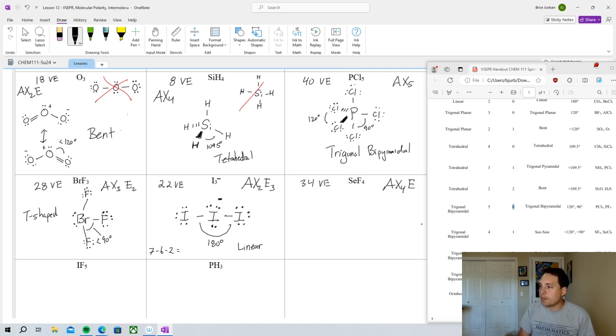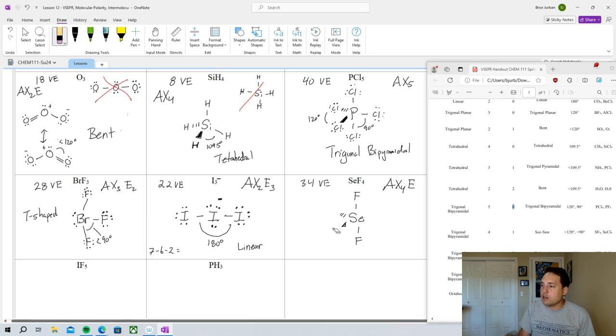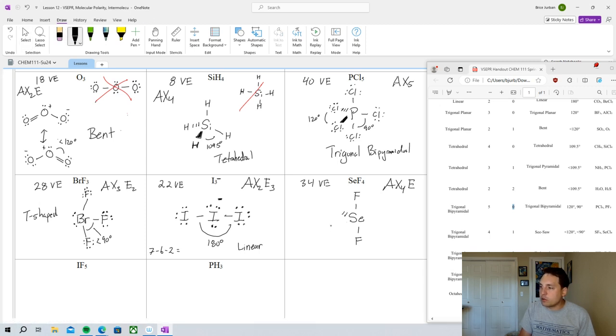AX4E is seesaw. And when we have the seesaw notation, we're only removing one of those equatorial atoms. So I always like to start by drawing 2 axial atoms, and then I'll draw 2 of the equatorial atoms where one's on a wedge and one's on a dash. And then here's where my lone pair is going to go.